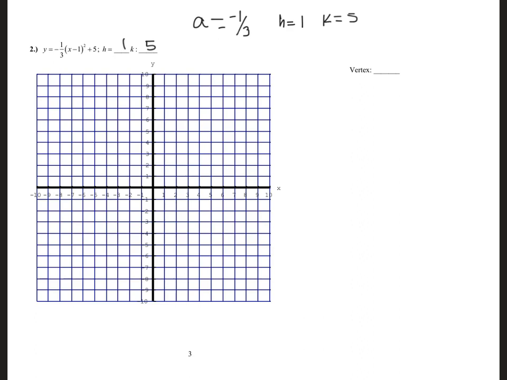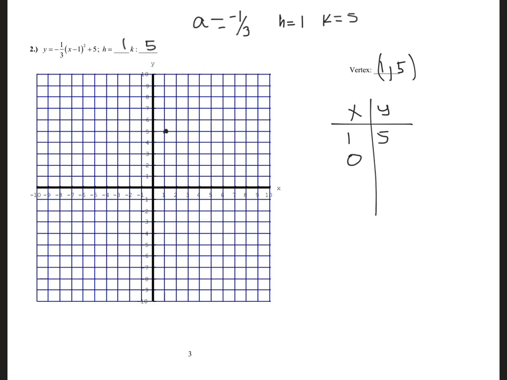Okay, so we did, so 1, 5, so right there is the vertex. Now I just need to get some points. So let me write it here. I just need to get some more points on either side. So let me make a table here, X, Y. So I started with 1, 5.